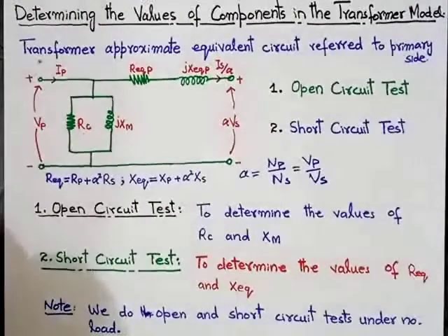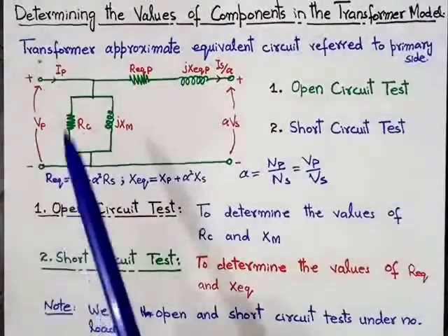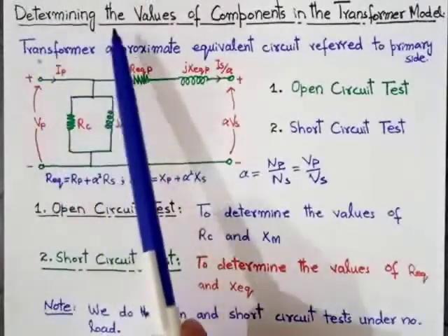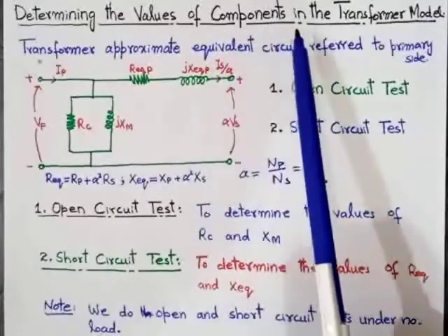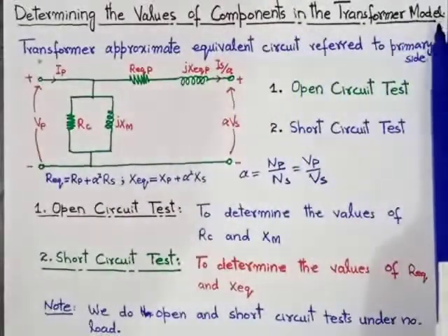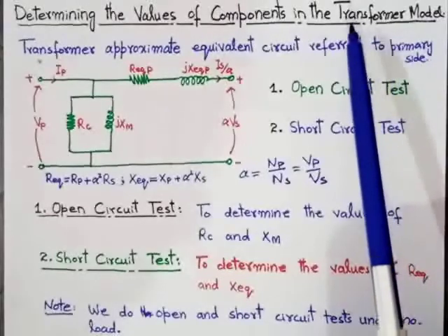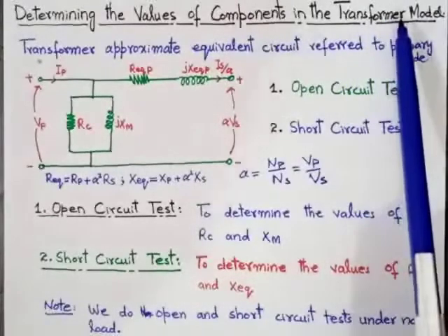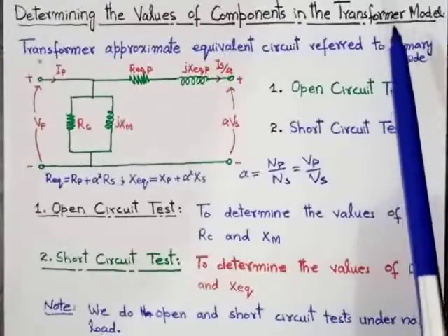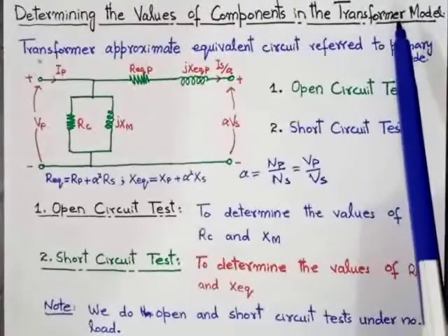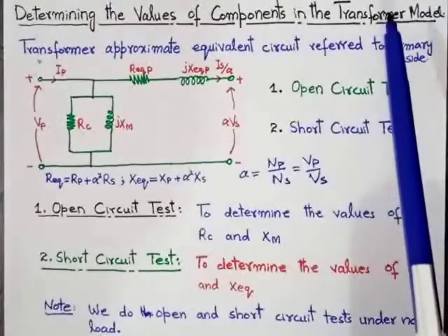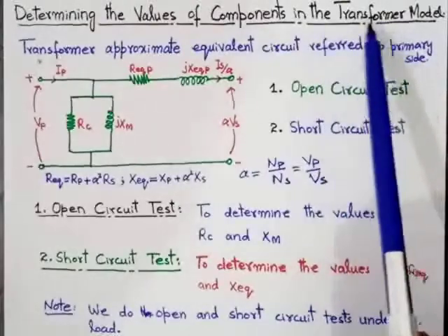In this lecture, we will have a look at the concept of determining the values of components in the transformer model, that is, the open circuit test and short circuit test of the transformer. So basically, testing is done to determine certain parameters of the transformer model.